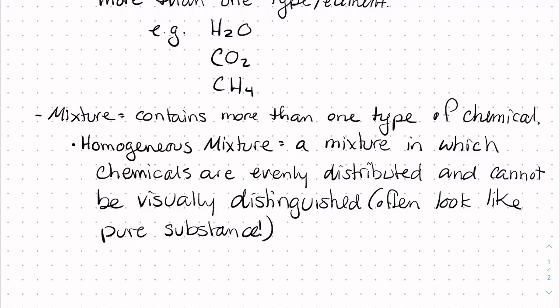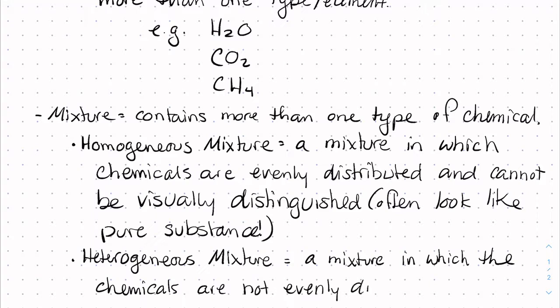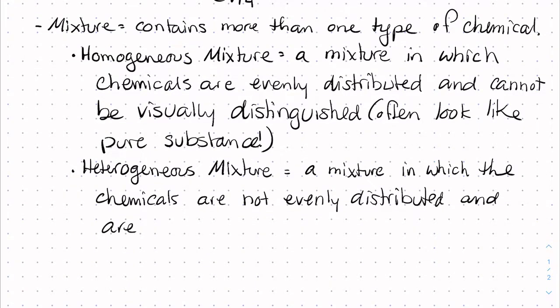A heterogeneous mixture in contrast is one where you can actually see the different parts. So either things are not uniformly distributed, and are visually distinct in some way.